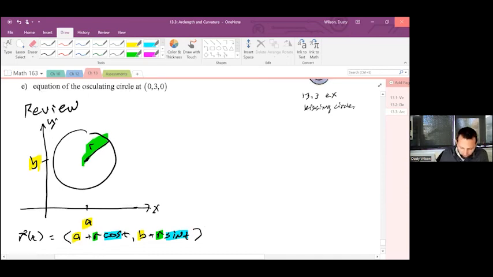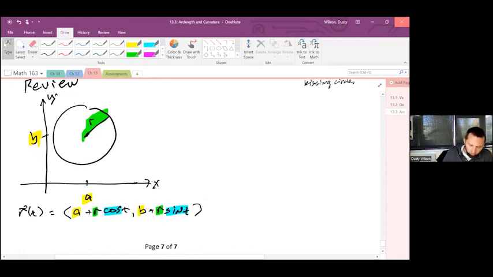Now we can split this up even a little bit more, just to help set the stage for our osculating circle. We could write this as (a, b) plus r times the vector cosine t in the i direction, which would be (1, 0), plus sine t in the j direction, which would be (0, 1).